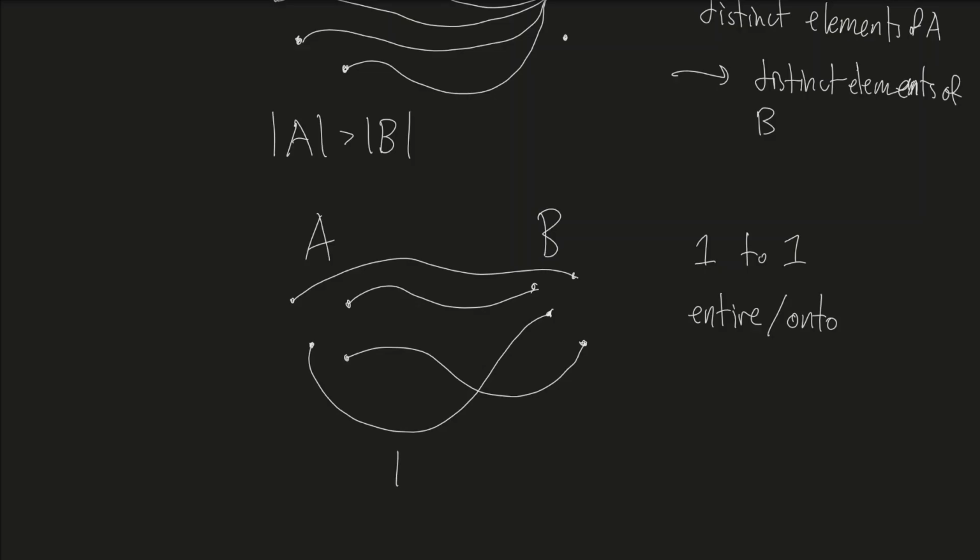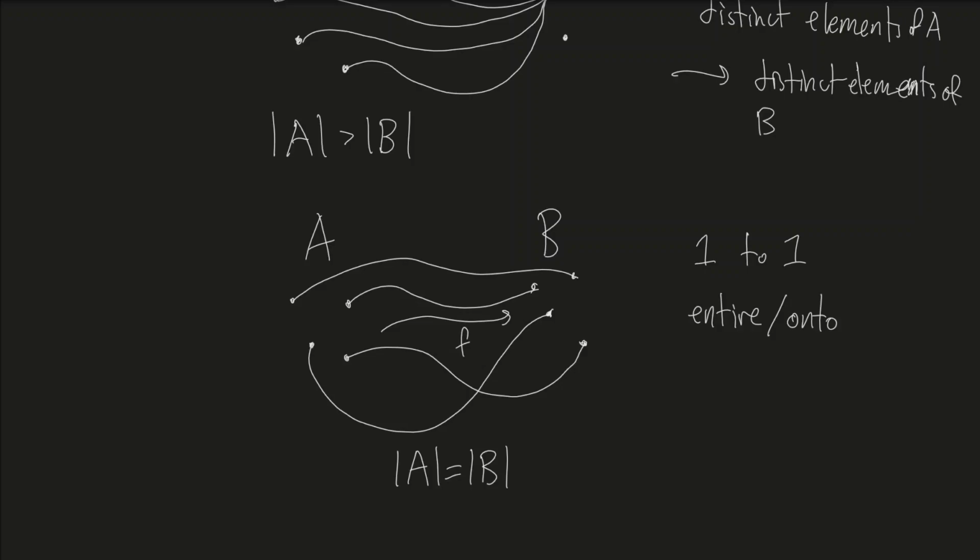So this is when the size of A is equal to the size of B. So, right, this maps through F. This doesn't have to be true, right? The fact that this function in particular is one-to-one and onto. But all that we're saying is that it could be true.